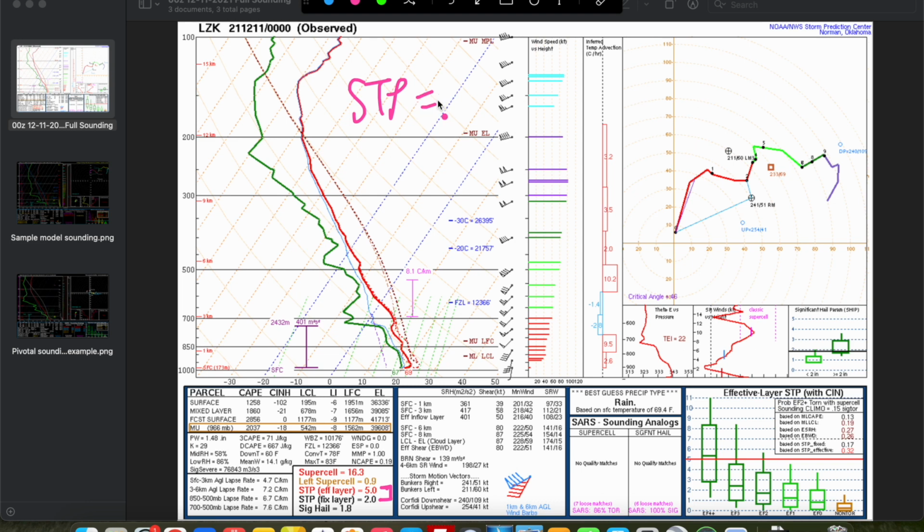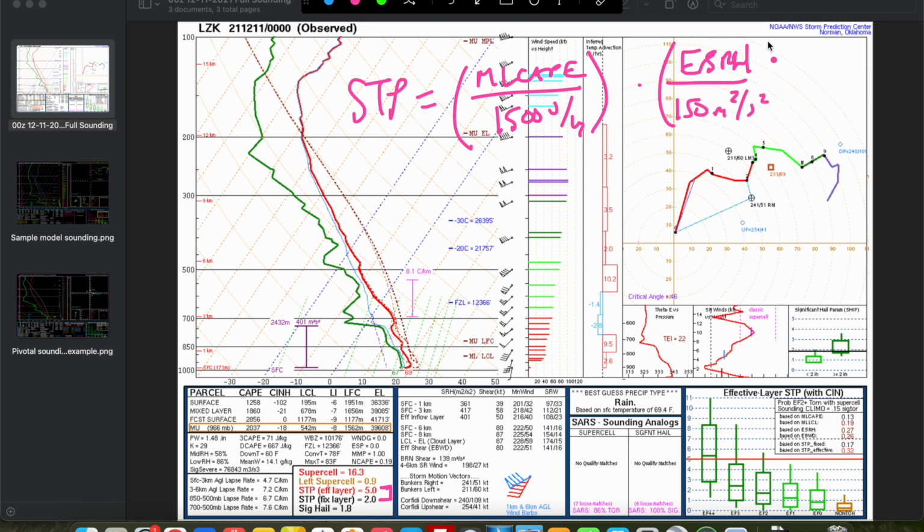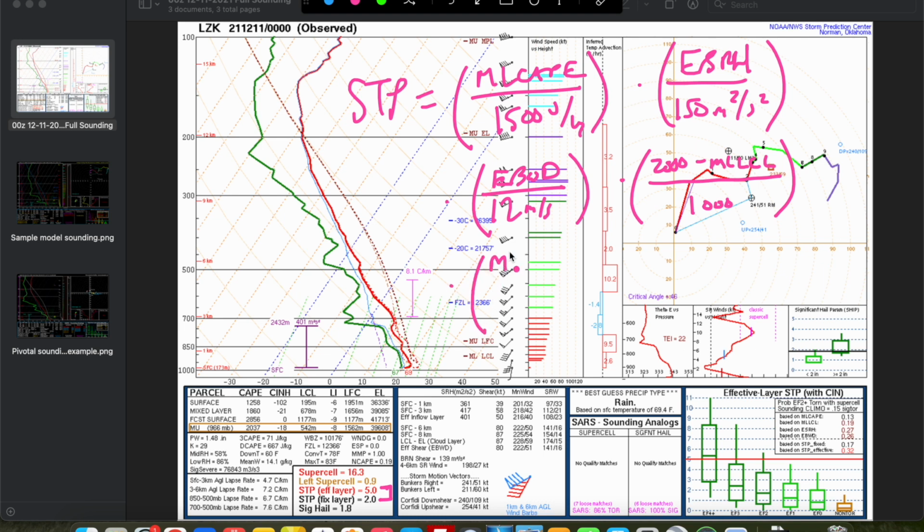And the way that significant tornado parameter is calculated, it's a pretty long formula here, but it takes into account the mixed layer CAPE divided by 1,500 joules per kilogram, times the effective SRH divided by 150 meters squared per second squared, times the effective bulk wind difference divided by 12 meters per second, times 2,000 minus the mixed layer LCL divided by 1,000, and then finally times the mixed layer CIN plus 200 divided by 150.